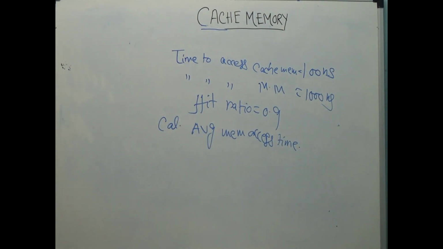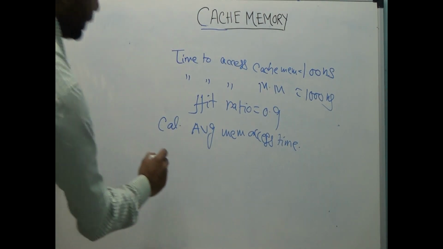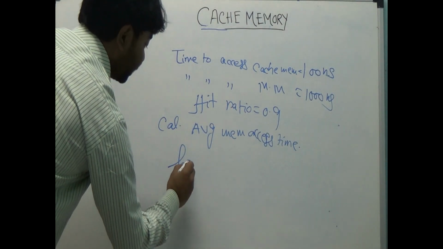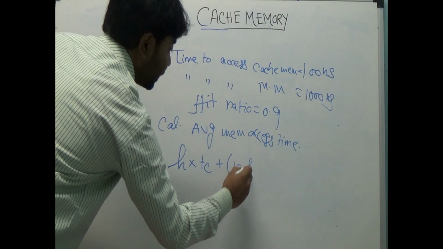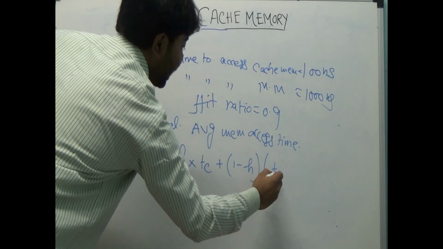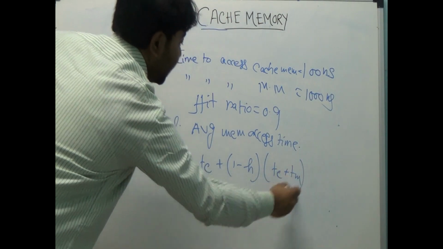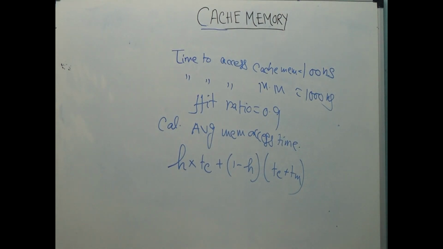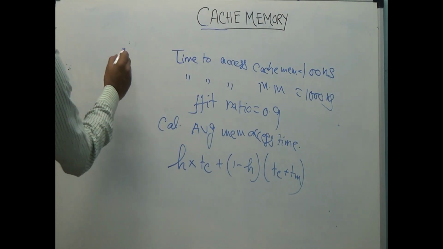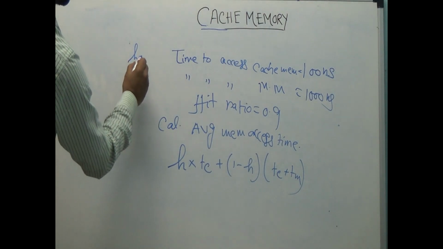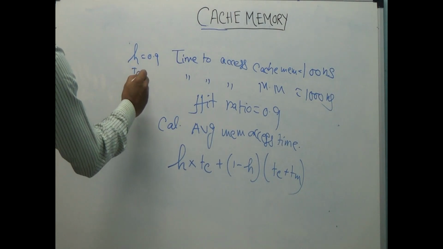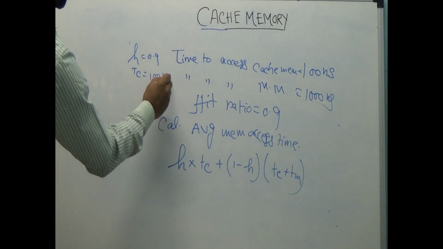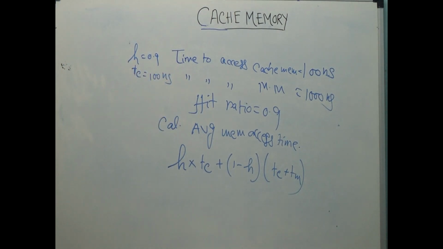To calculate the average memory access time, the formula is H into Tc plus (1 minus H) into (Tc plus Tm). That is the basic formula of average memory access time. Here, from the given problem, we know that the value of H equal to 0.9, time to access from the cache memory equal to 100 nanosecond, that is denoted as Tc.